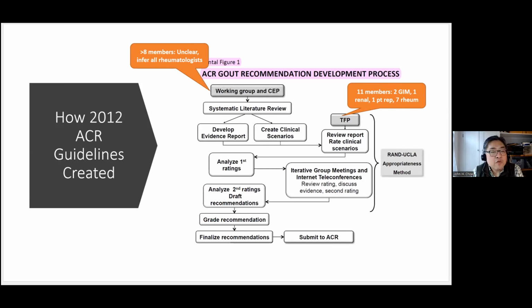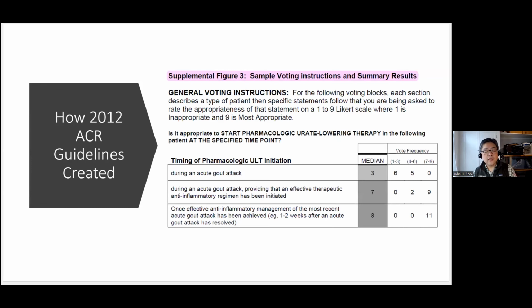This task force group was responsible for reviewing the clinical scenarios they were given, and they would then vote on them. Here's an example of a clinical scenario they were given. This isn't related to our scenario, but it's just an example.